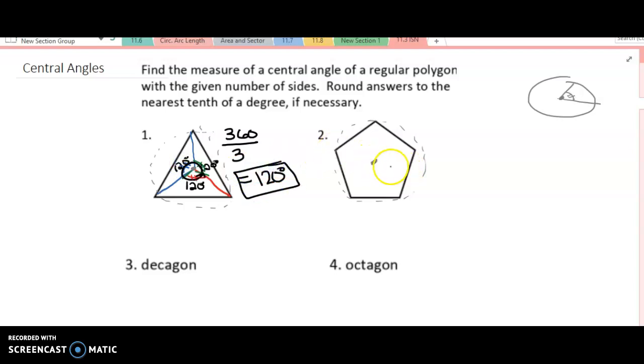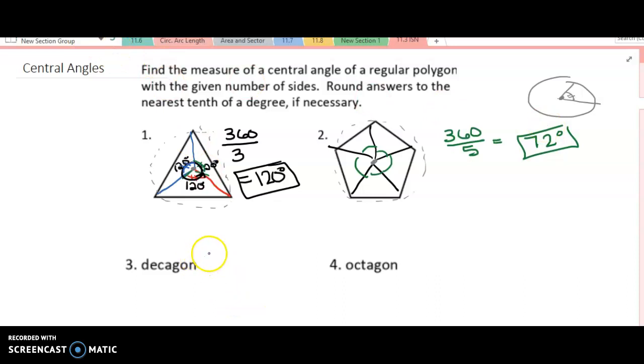Same thing over here. I have a pentagon, so I have 5 central angles. All the way around is 360, so 360 over 5 gives me 72. Each one of these angles is 72 degrees.